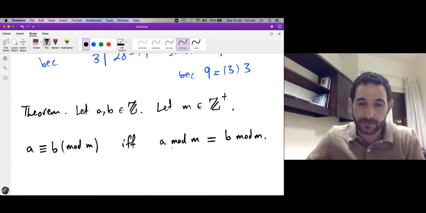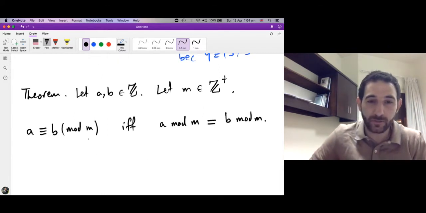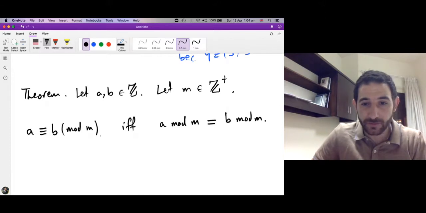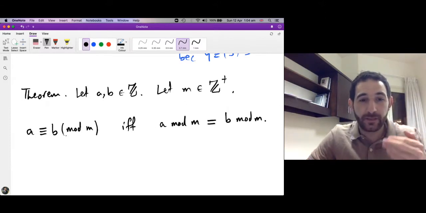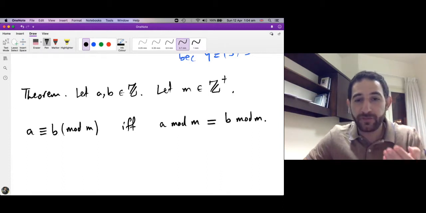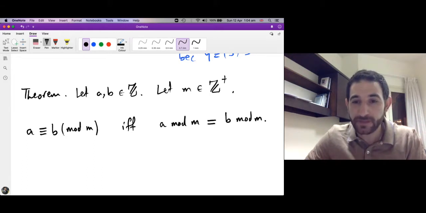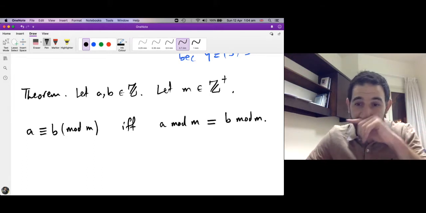Okay, so this is a theorem which says if this is true, then this is true, and if this is true, then this is true. Again, what does it say in words? That a is congruent to b modulo m if and only if the remainder after dividing a by m is equal to the remainder of dividing b by m.